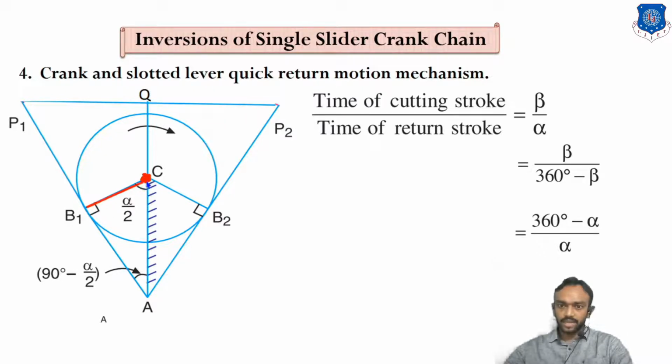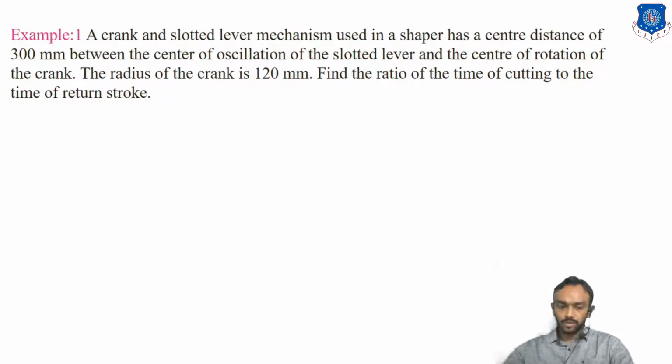This crank is rotating with respect to this point C, and here A is the center of this lever, because this lever is moving with respect to this center. Crank is rotating about the center C. Sometimes this AC distance is also given, the distance between the two centers. In this case this distance is given, which is 300.